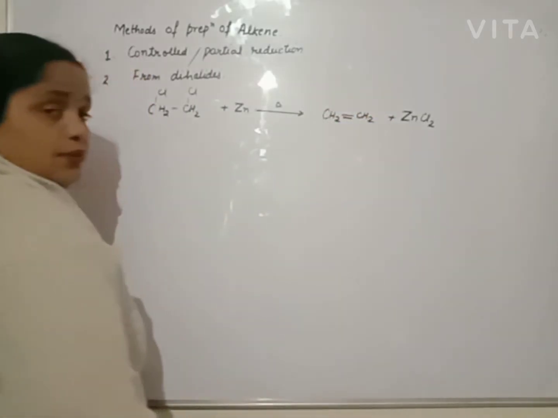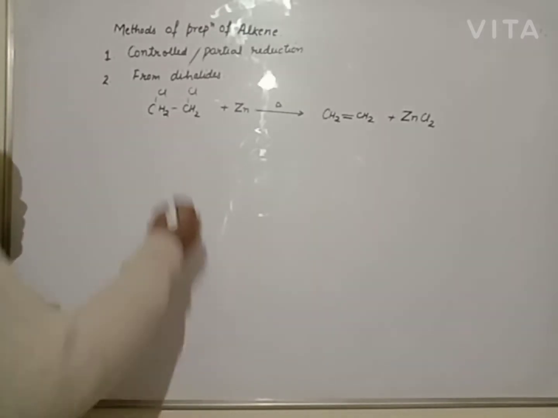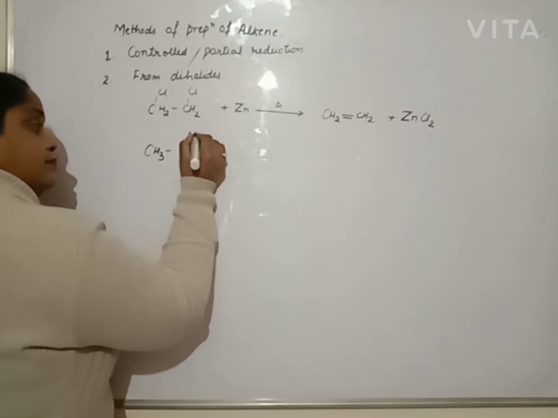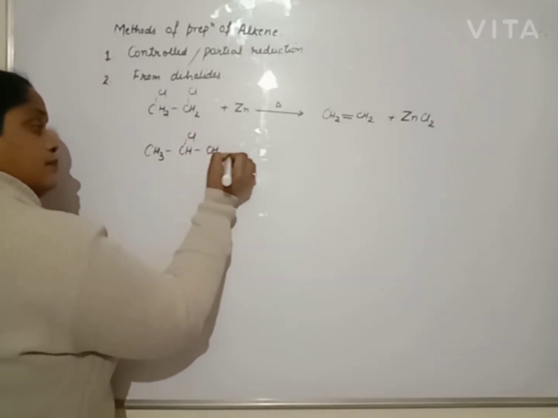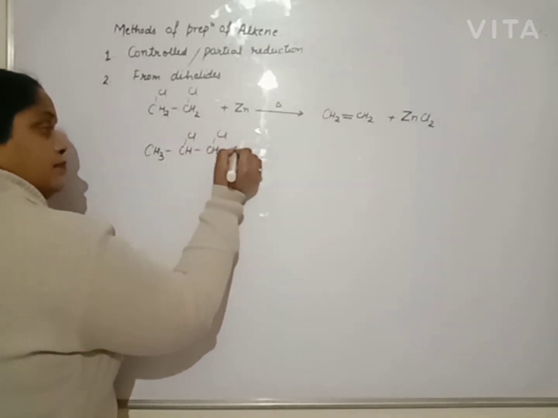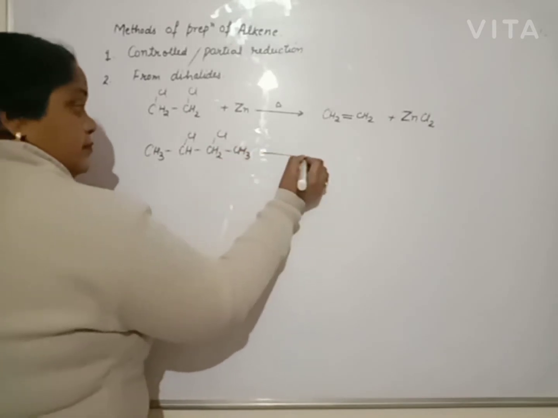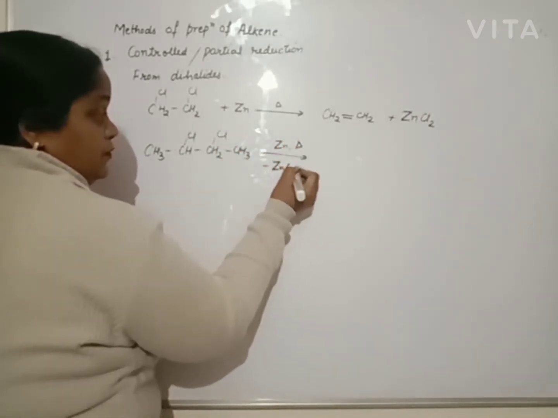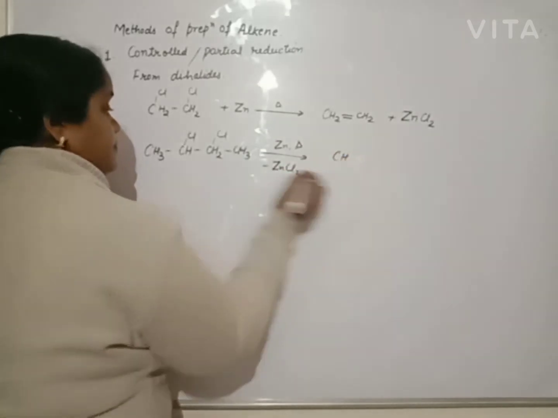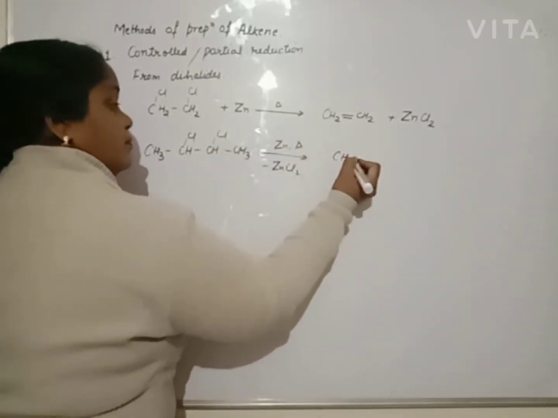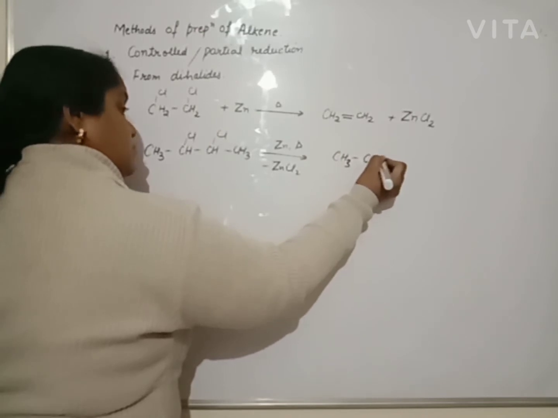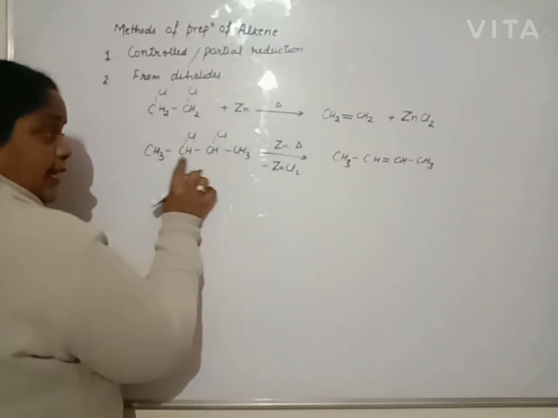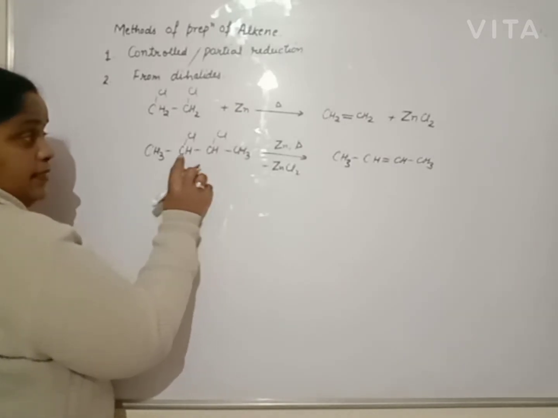we have only unsaturated hydrocarbon. Clear? If we have halide just like this, we add zinc, strong heat. What happens? Zinc chloride is removed and we will get but-2-ene because halides are present on adjacent carbons second and third.